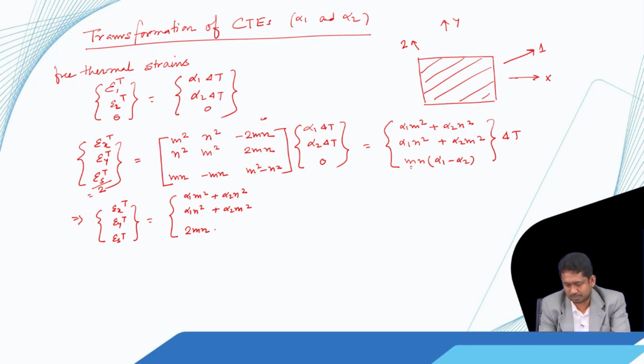So, epsilon s is equal to 2 mn into alpha 1 minus alpha 2.